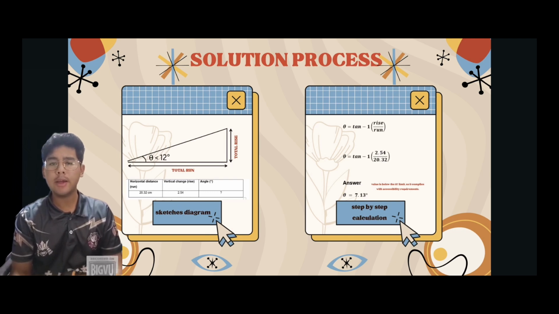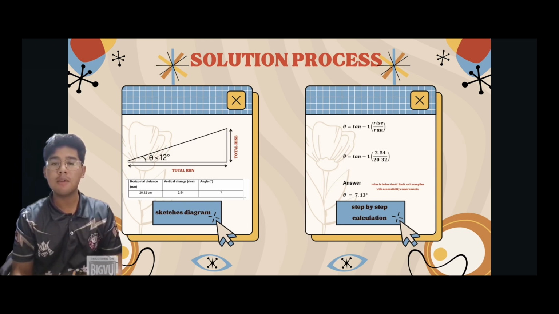To calculate the angle theta, we use the tangent function, which is theta equals arctangent of rise divided by run. Next, we put the data in the formula: theta equals arctangent of 2.54 divided by 20.32.